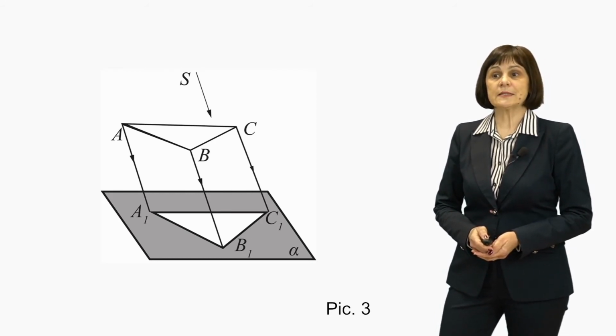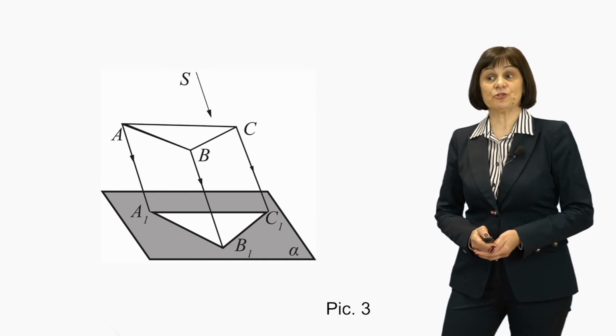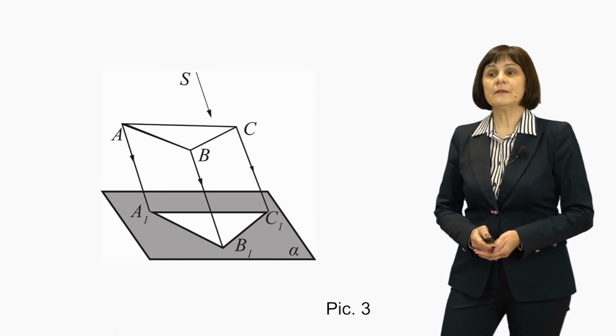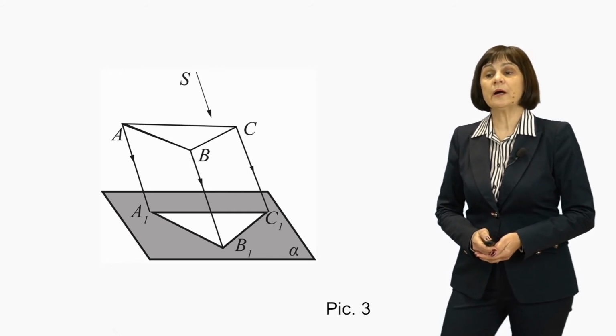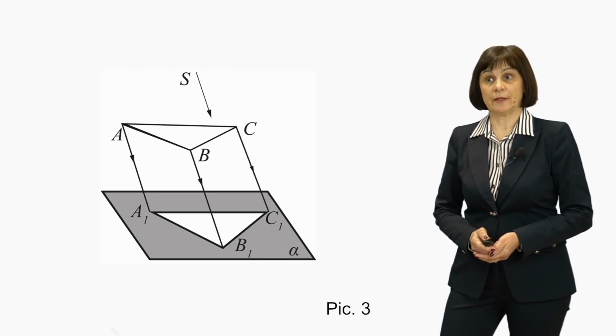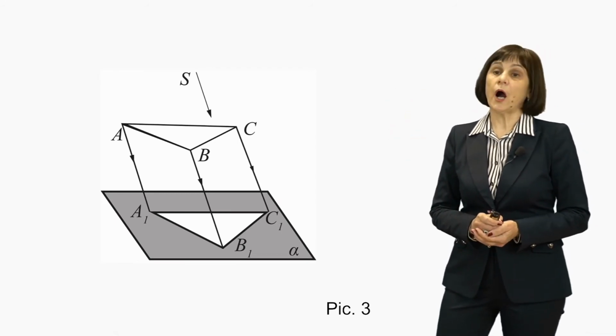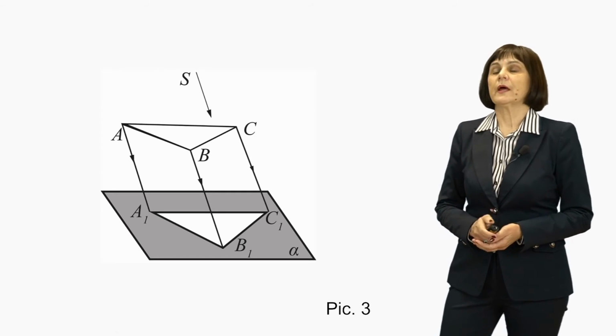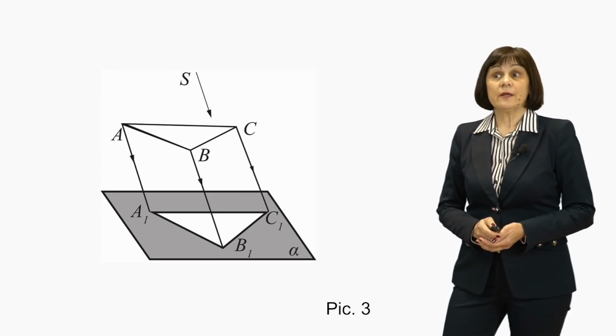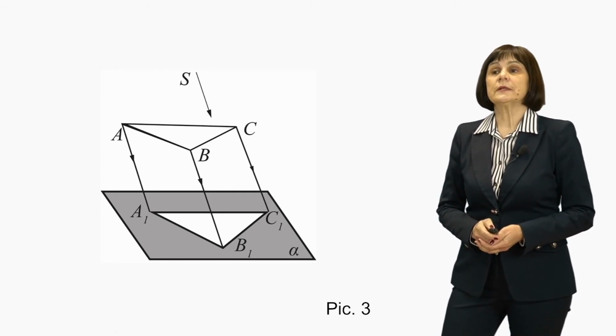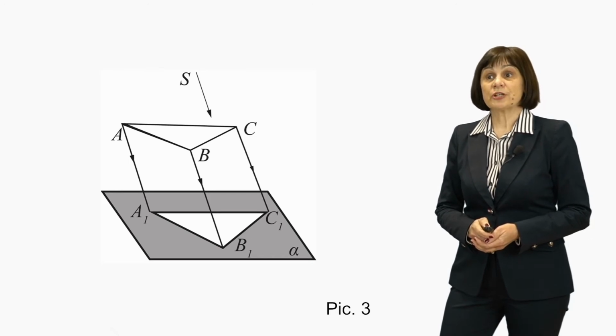In this case, we remove the point S to infinity from the plane on which we project the image. In this case, the projecting rays become almost parallel. You can see this example on our drawing. That's why the method is called the parallel projection method.